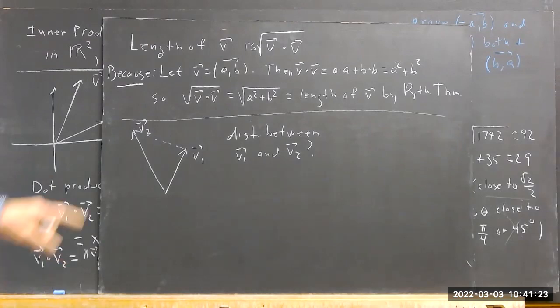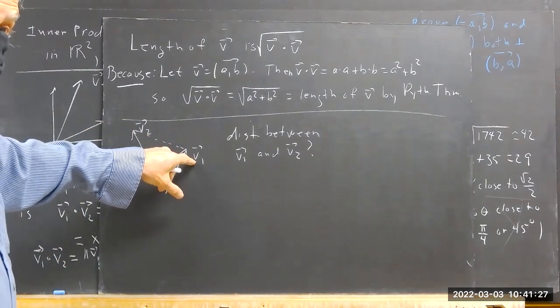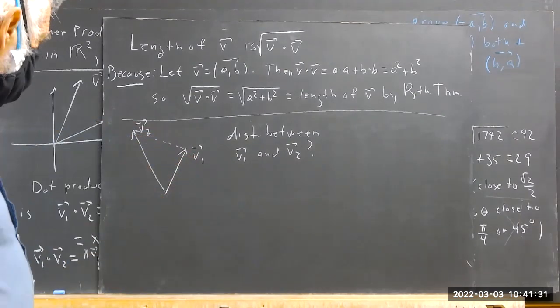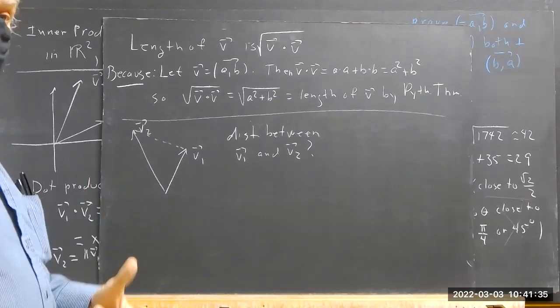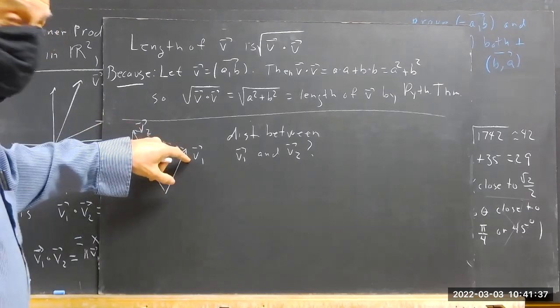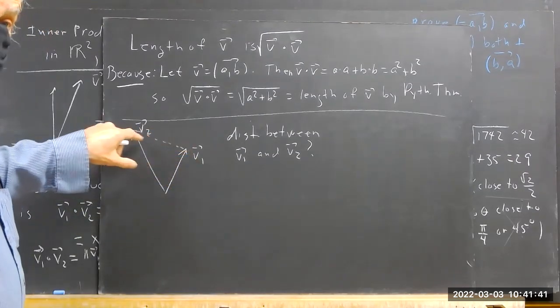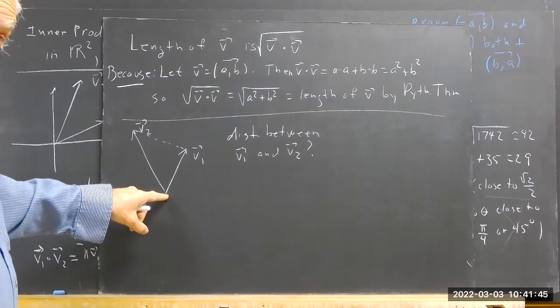Now, the dotted line would most logically go between the tips of the vectors, right? That's what we mean by the distance, because it's the distance between these points. Each vector could be identified with a point at its tip. The vector is always rooted at the origin.